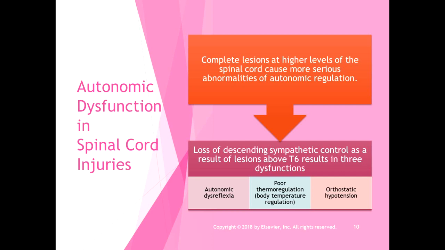So when you're working with someone who has a lesion above T6, you need to be aware of their physical state at all times. Orthostatic hypotension is an extreme fall in blood pressure upon assuming an upright position due to loss of sympathetic vasoconstriction and loss of muscle pumping action.